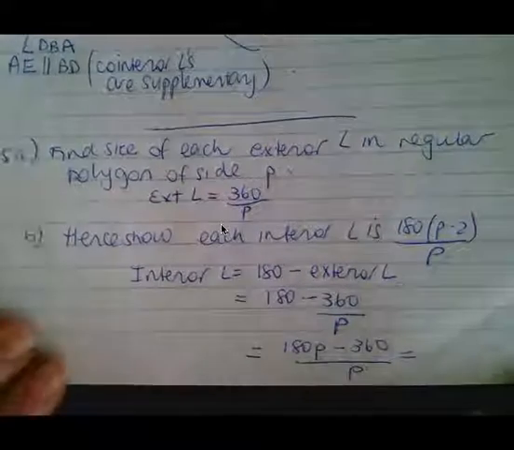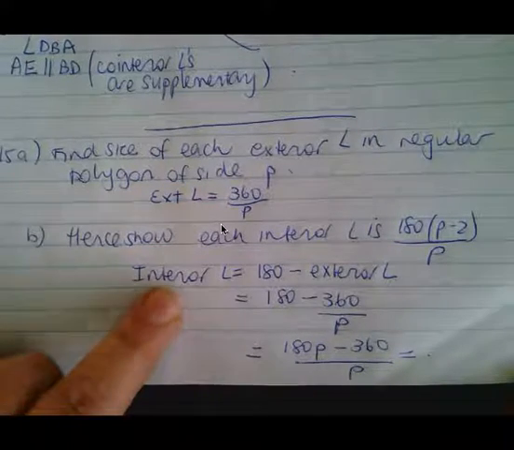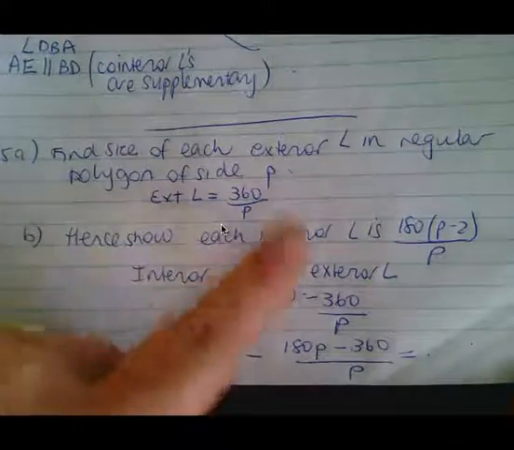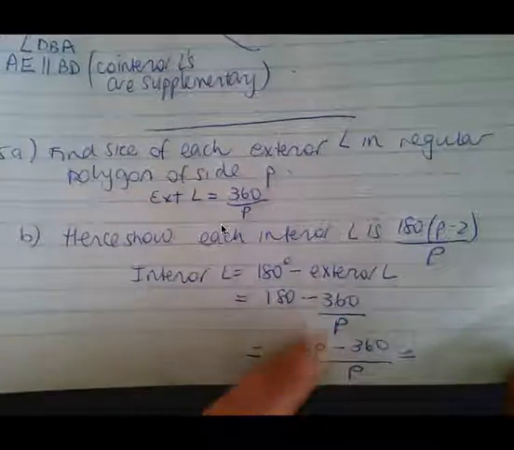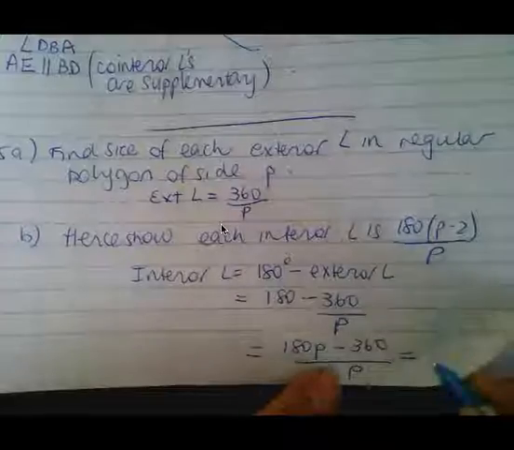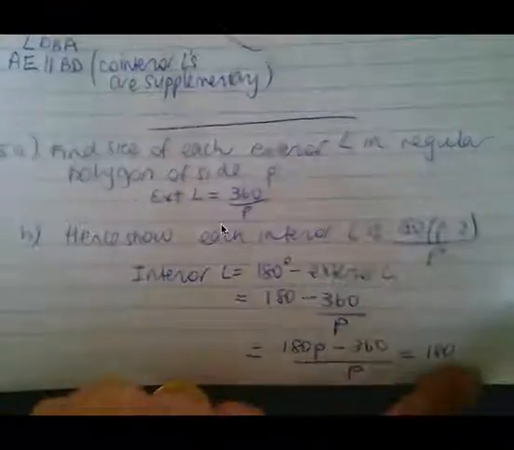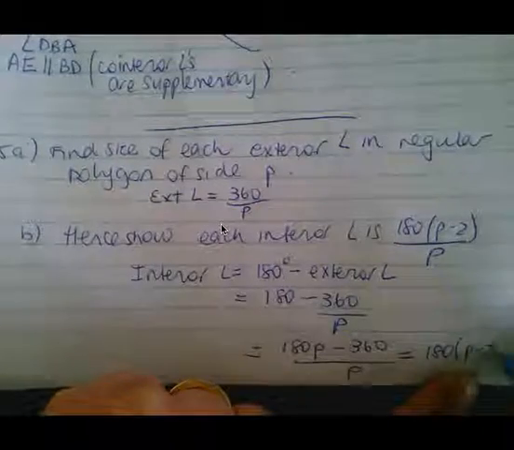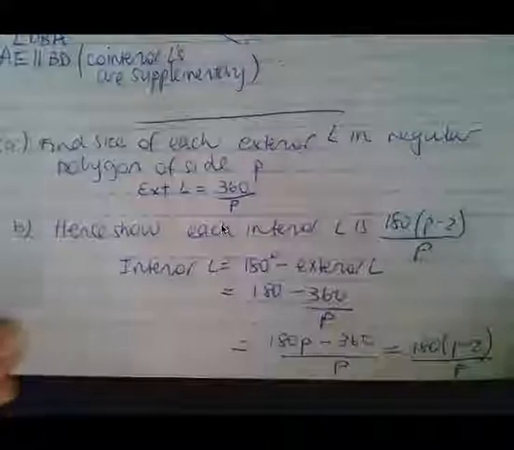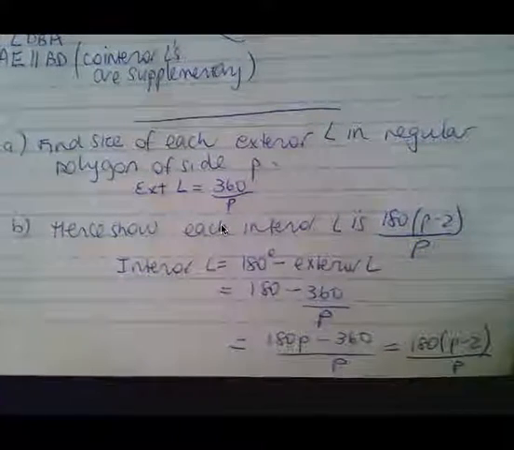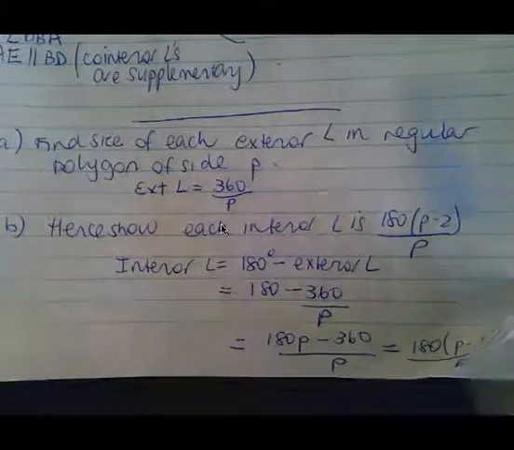You get what I'm doing? Remember, interior plus exterior is 180. So the interior angle is 180 minus the exterior angle. So it's 180 minus 360 on P. Go common denominator, and now just factorize out your 180 on the numerator. 180 bracket P minus 2 over P. Okay? Easy. All done.